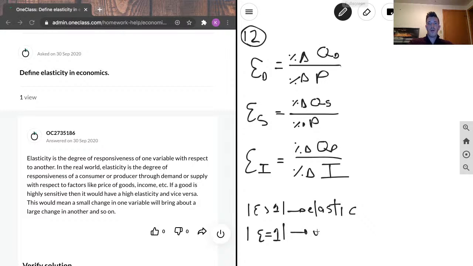And that's what we call unit elastic. That means that if there's a change in the denominator, say for the elasticity of demand, there's a change in price. The change in quantity demanded moves proportionally with that change in price. Lastly, we can have an elasticity that is less than 1. And we would call that inelastic.